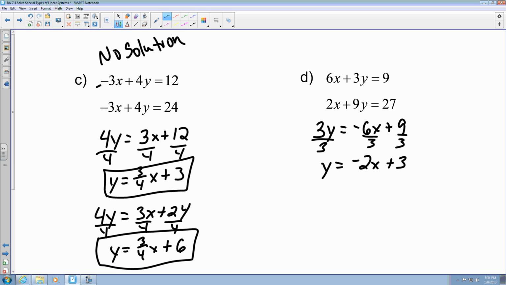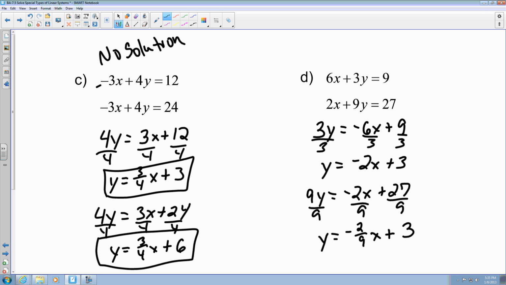So that's the first equation. Let's look at the second equation. I'm going to subtract 2x, so that leaves me with 9y equals negative 2x plus 27. And then divide 9 to both sides. This gives me y equals negative 2/9x plus 3.